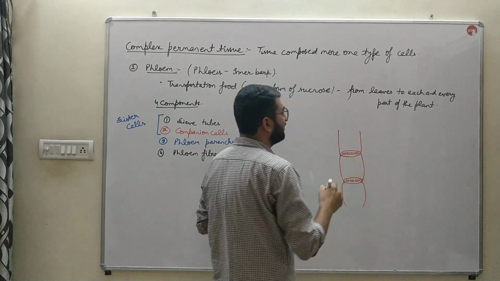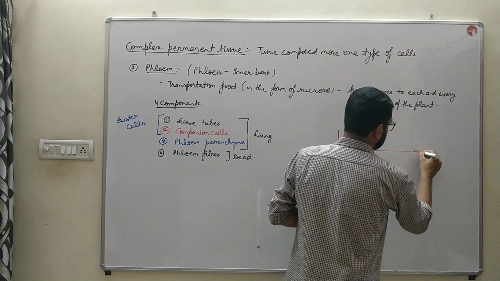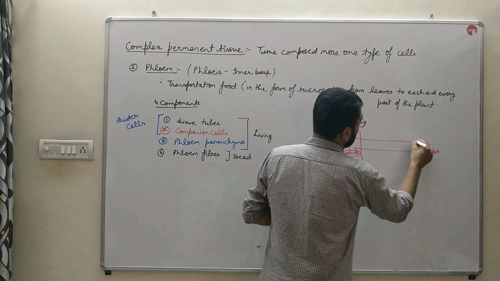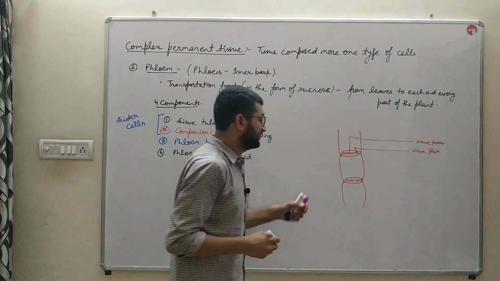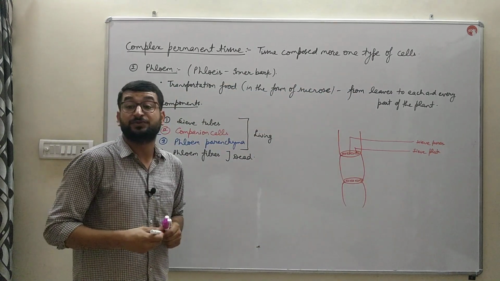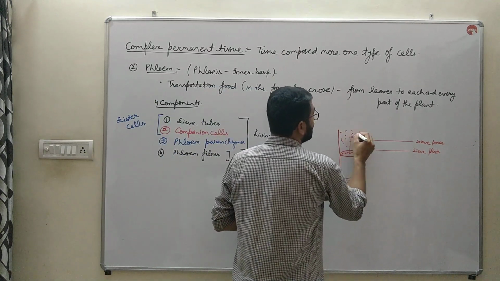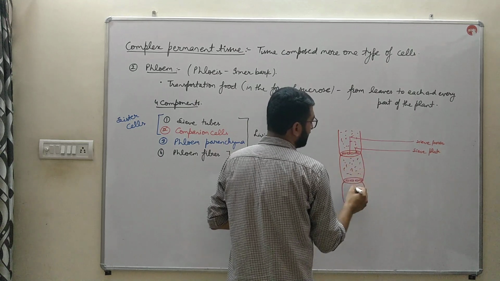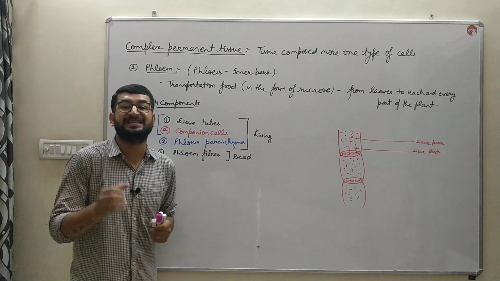These are known as sieve plates, this structure. These are known as sieve pores. So this is the sieve tube. Sieve tubes do not have a nucleus. As you can see, in these cells no nucleus is there. So the nucleus of sieve tubes degenerates.